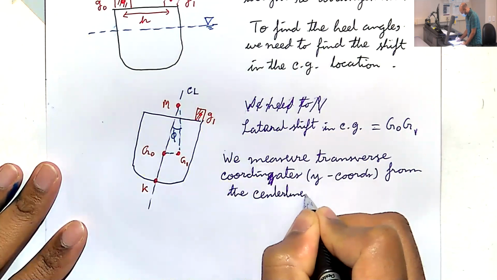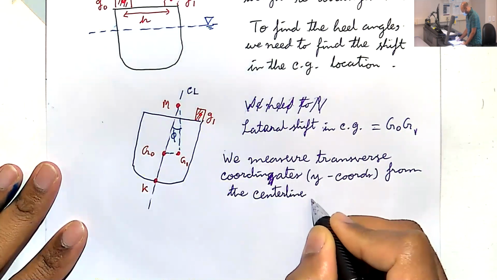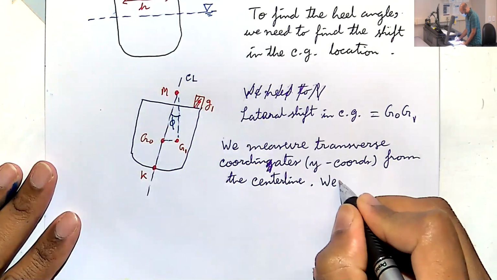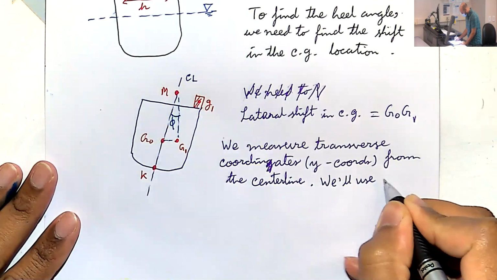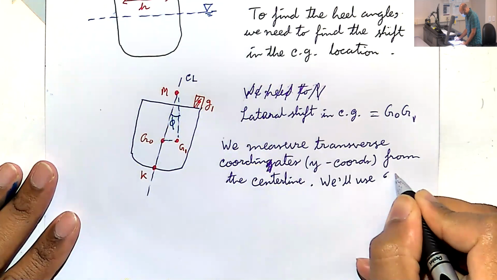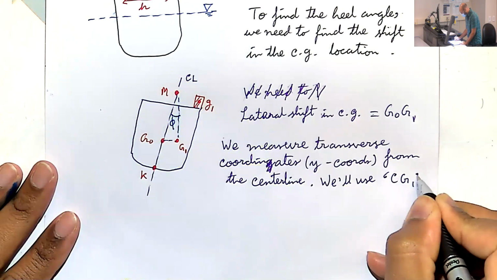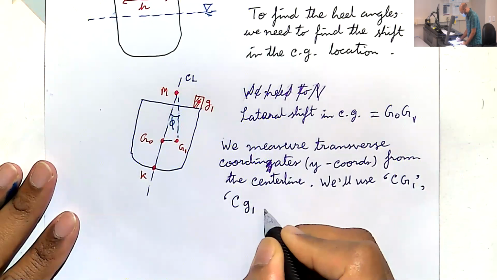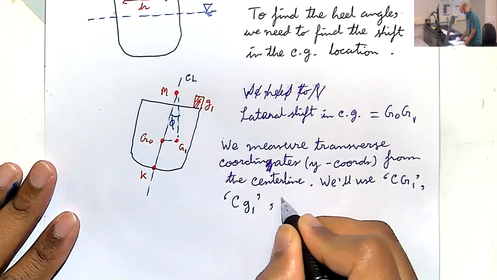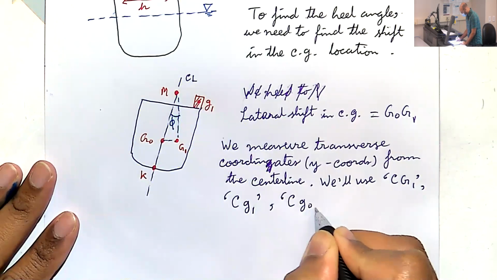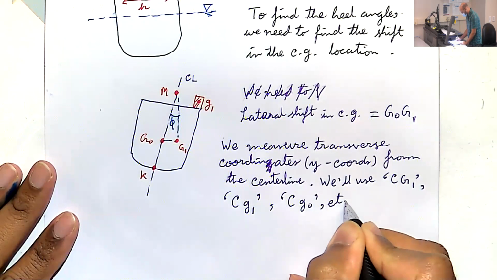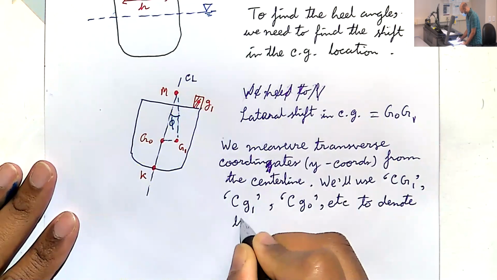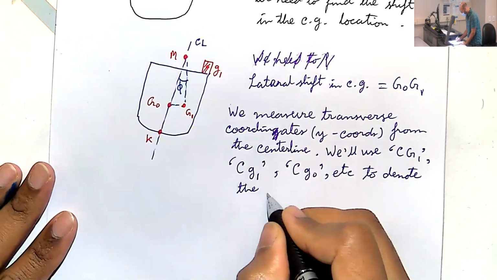And then CG1, CG0, CG little one, CG0, etc., to denote the transverse coordinates.